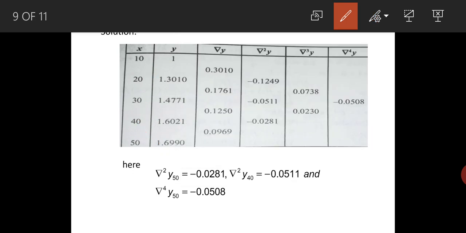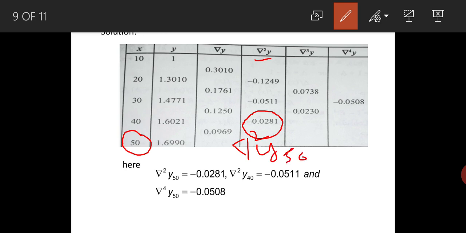Now we want to find delta square of y50, that is the second order difference at 50. The delta square of y50 will be this one. As per the table, 50 is here, so delta square of y50 is this value.